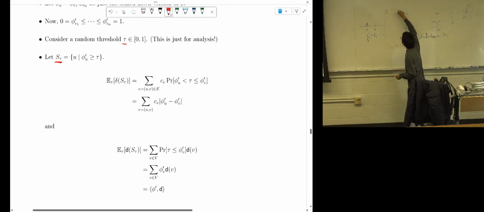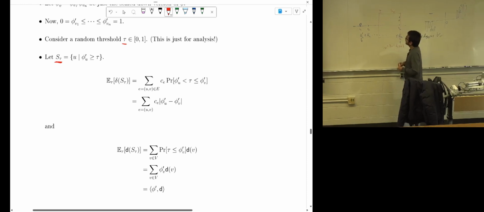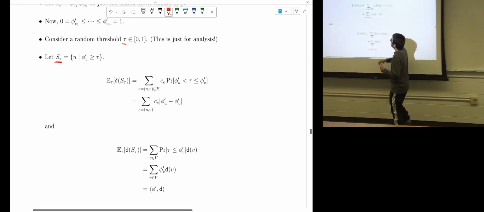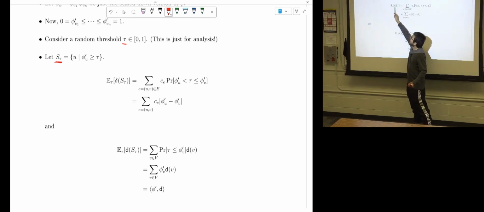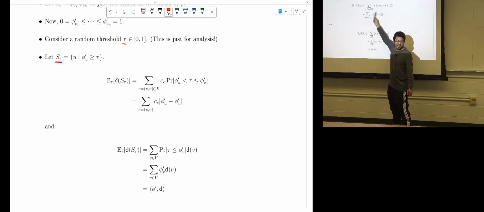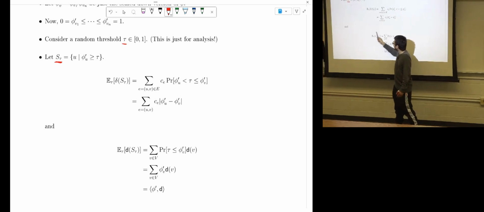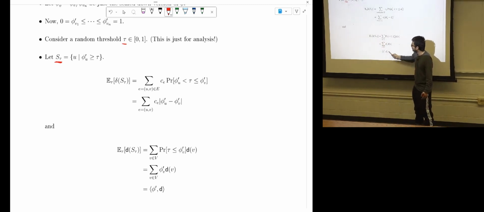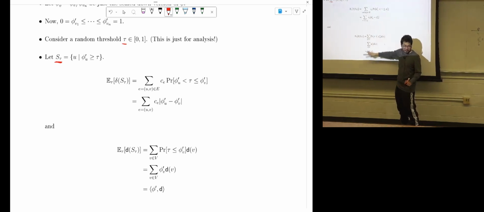This is S tau. And it's going to be the case that I can relate my expected cut size by this thing and my expected demand inside S tau by this product demand. We will prove this soon.